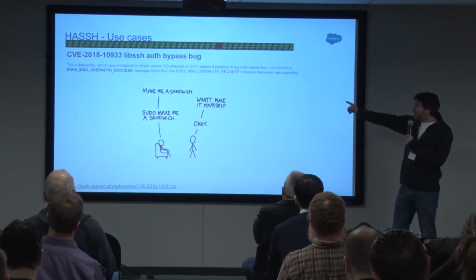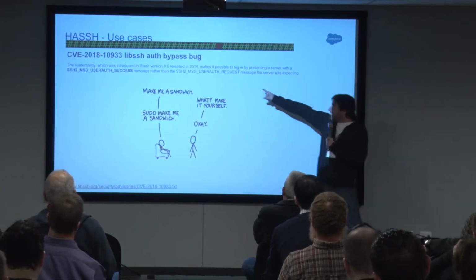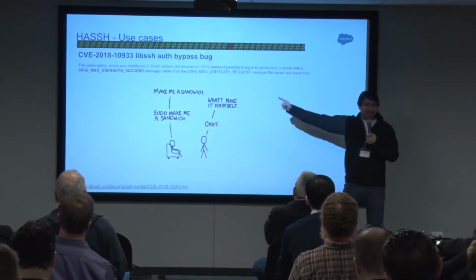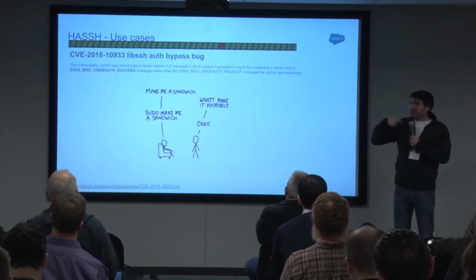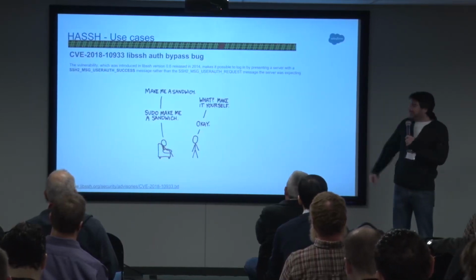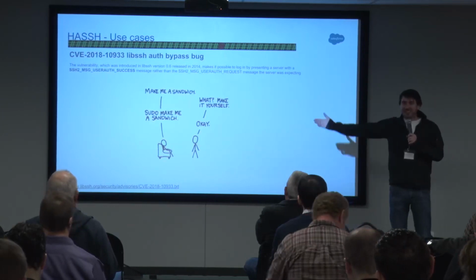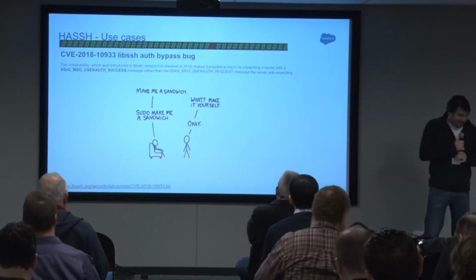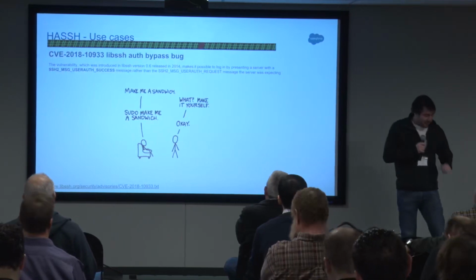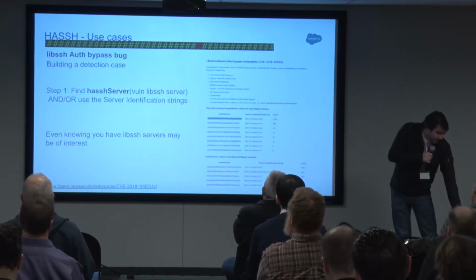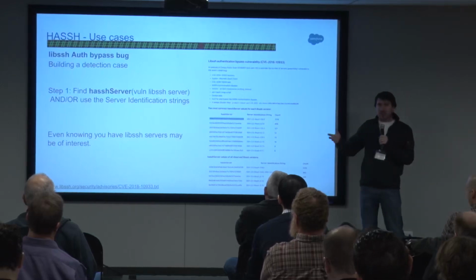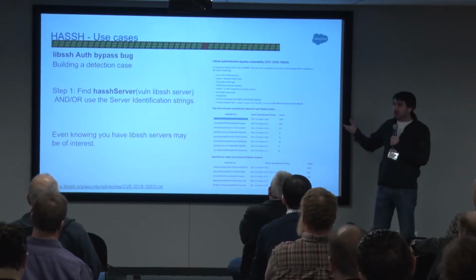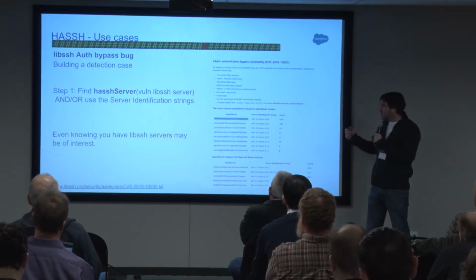Well, with this bug, instead of sending that request packet, they just send the success. Like, oh, I already sent my username and password. You told me I'm good, so can I have a shell? And then libSSH would be like, okay. So that was a huge vulnerability. That was really bad. So with hash, we could search for those vulnerable versions of libSSH within our network.